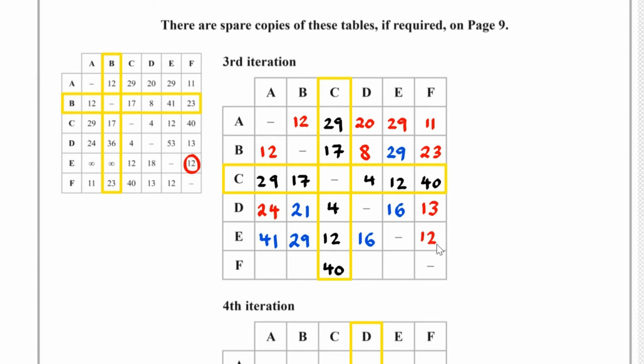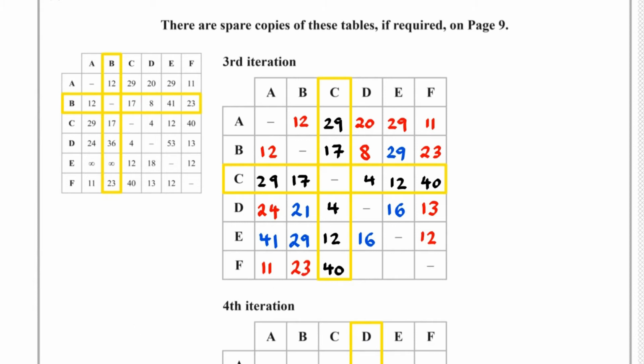So the 12 remains as it is. We now compare 29 plus 40 with the 11. 11 is smaller, so that stays as it is. We then compare 17 plus 40 with the 23. 23 is smaller.